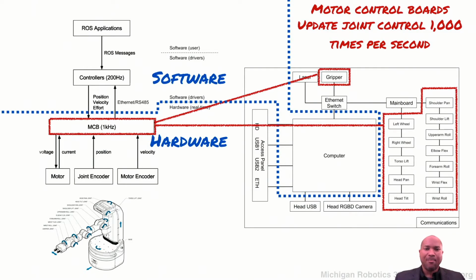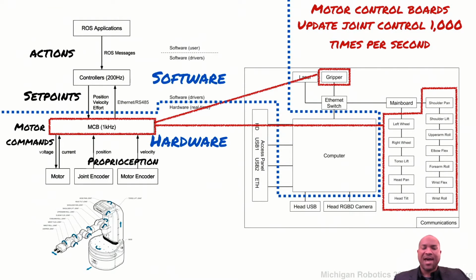And so what happens, and this is just one particular configuration, is that you have things at the application level that send actions they want to execute to the controllers. What those controllers do is generate set points, desired locations, desired states for each of the joints.